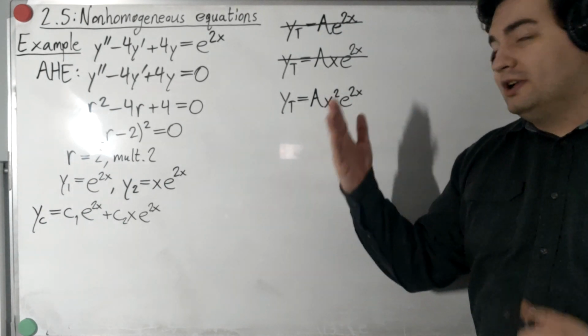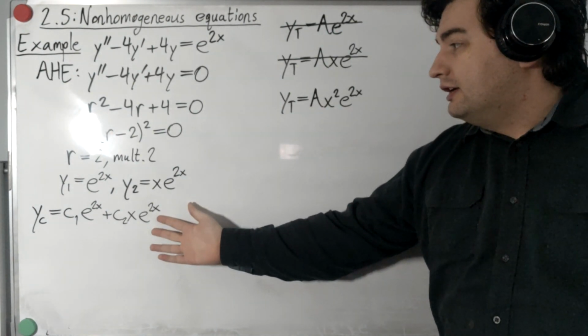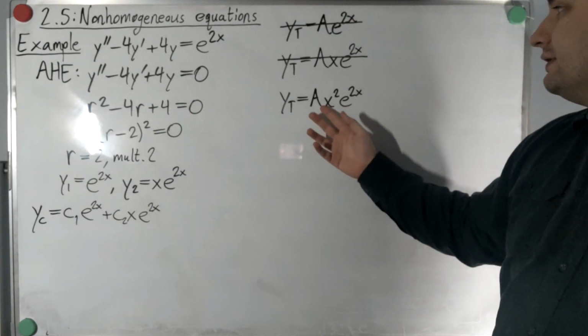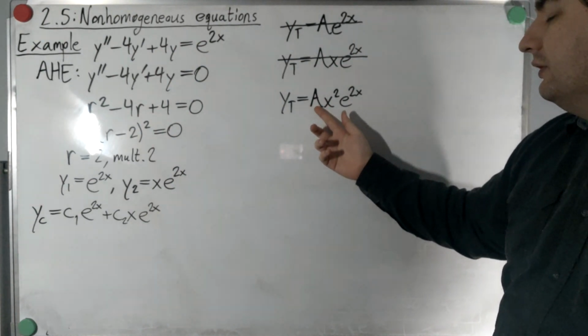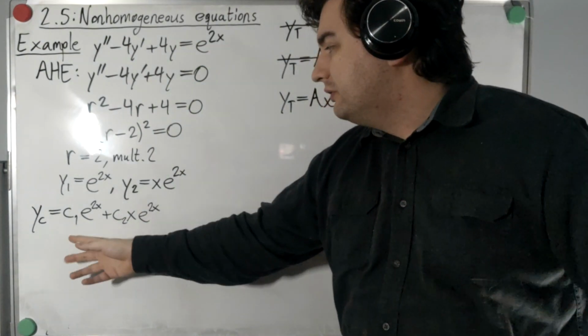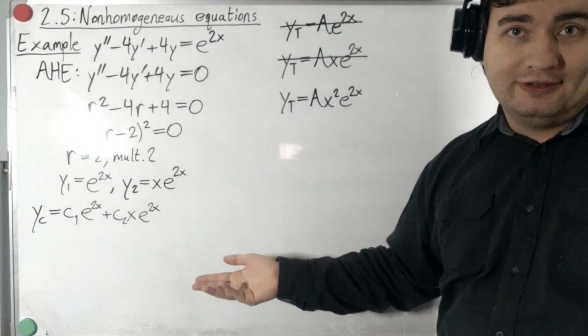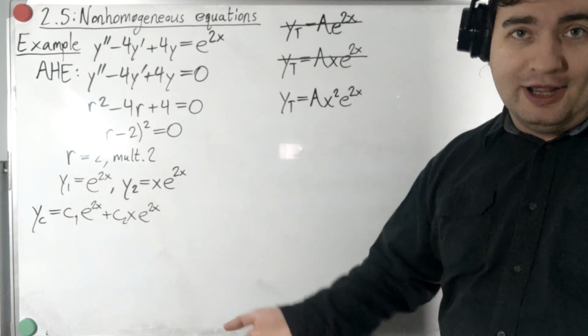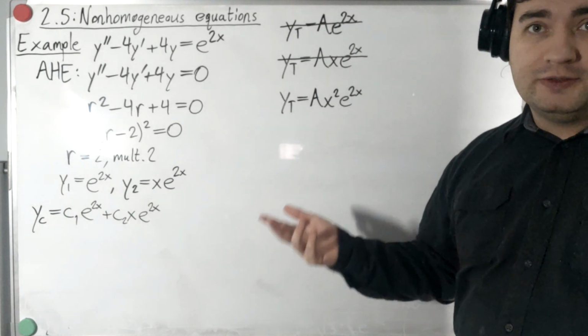And now you once again check for duplication. This is no longer duplication because no matter what you set a to and c1 and c2 to, these functions will be linearly independent. Great. So now the guess will work. Okay? And then we proceed from here to find a.